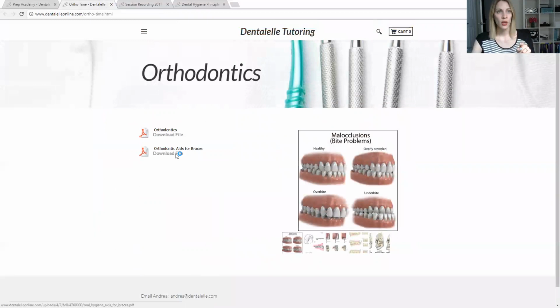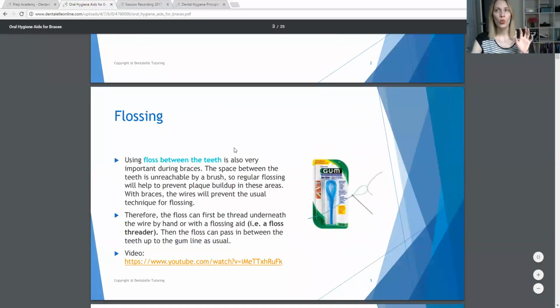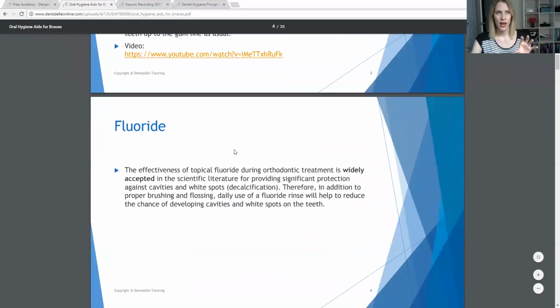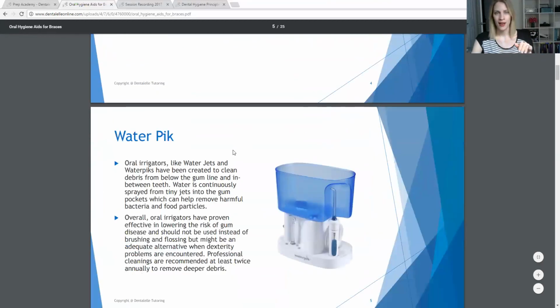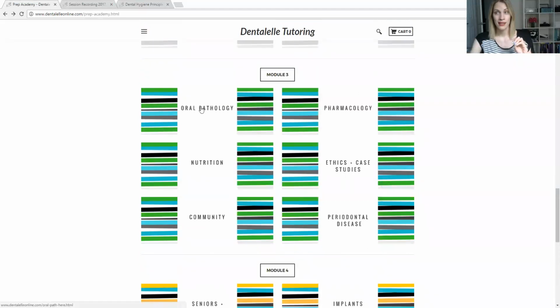Know the interdental aids, which I do have in here as well. I'll show you guys. You know, quickly read through those 2 PowerPoints that I do have on ortho, but then that's it. That's all you have to know. Don't waste your time. They don't ask a lot about ortho on the board exam. I'm not saying they never will, but typically they don't. So does that make sense?